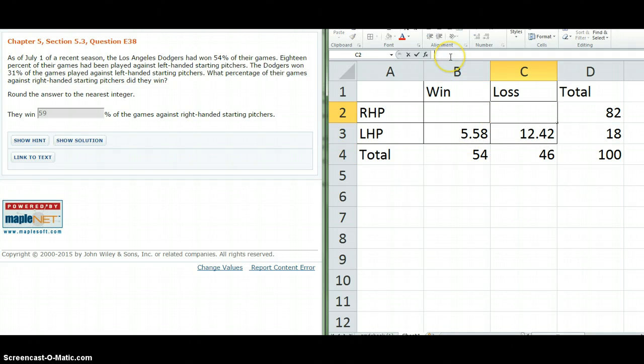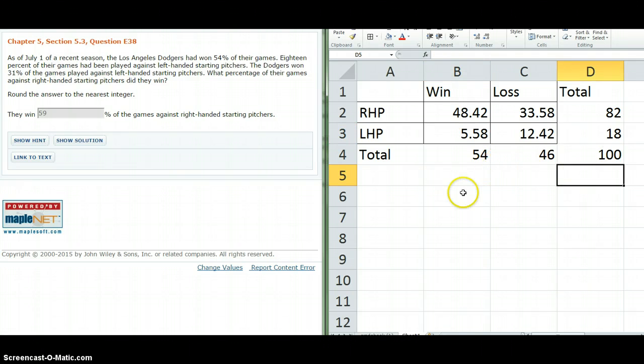Okay, this one right here is going to be total losses minus the losses against left-handers. That would give the loss against right-handers. And this would be number of total wins minus number of total wins against left-handers would give you the wins against right-handers. Okay, so we have all of this right here.